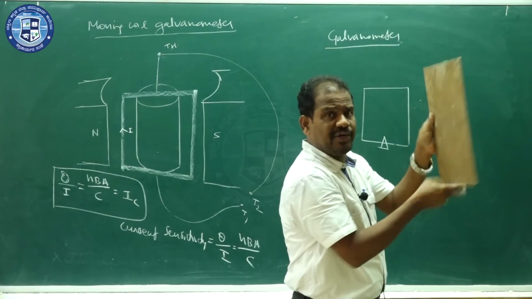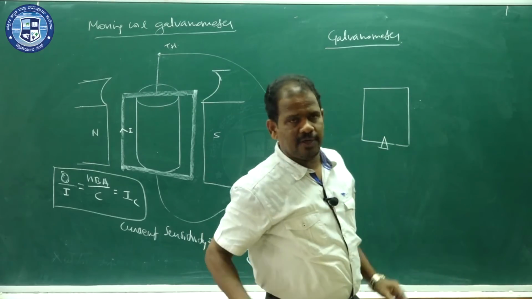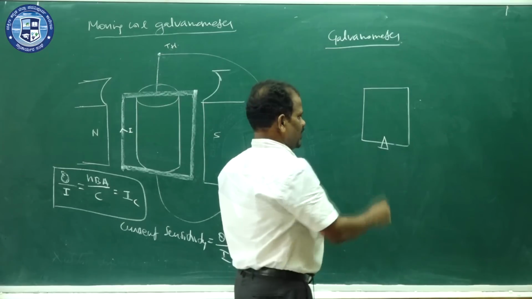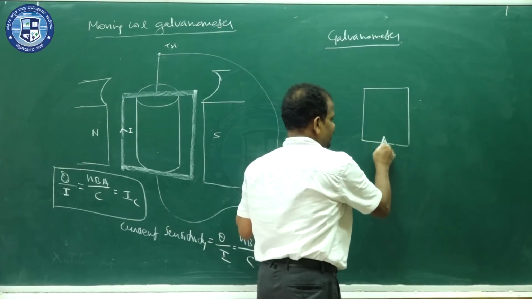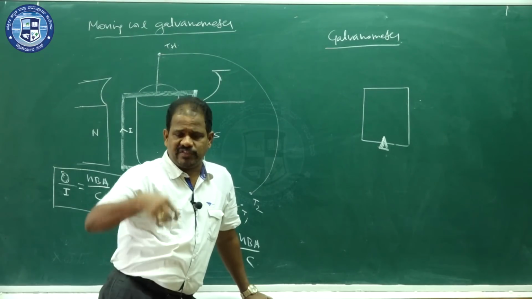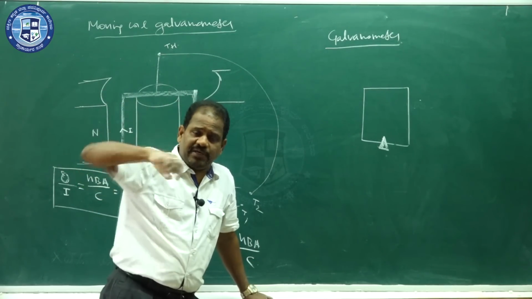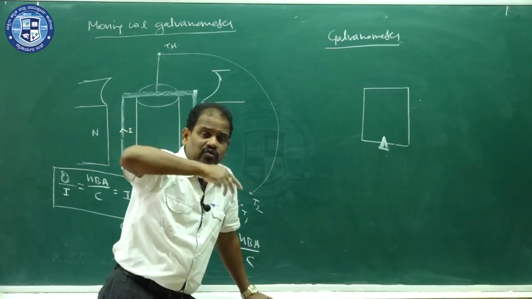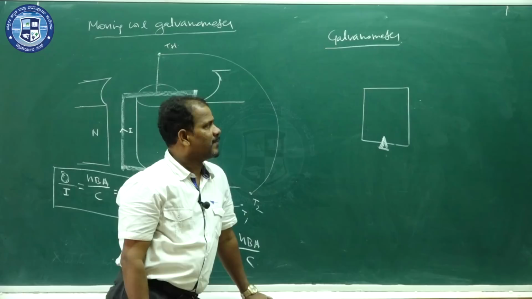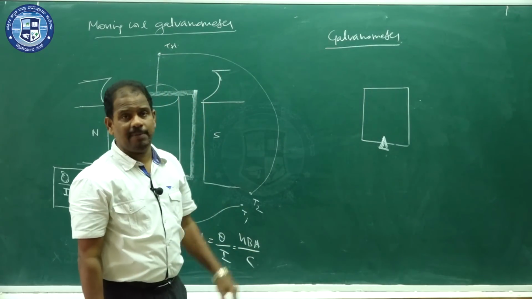The coil is free to rotate, but you can't remove it. It is pivoted. So here the coil is suspended, there the coil is pivoted.